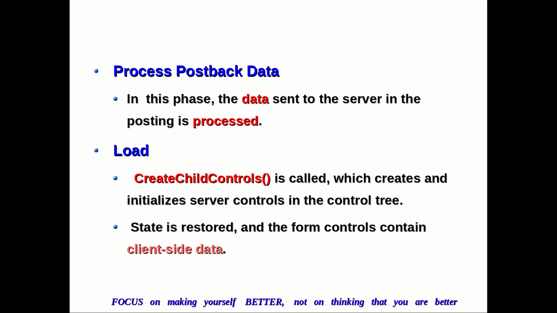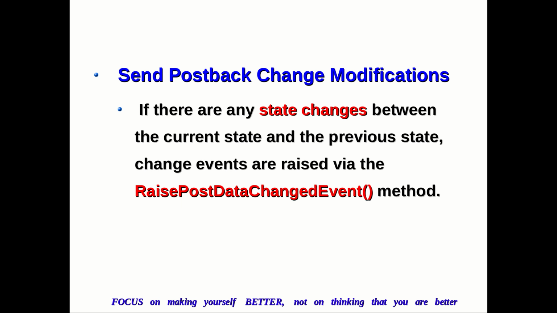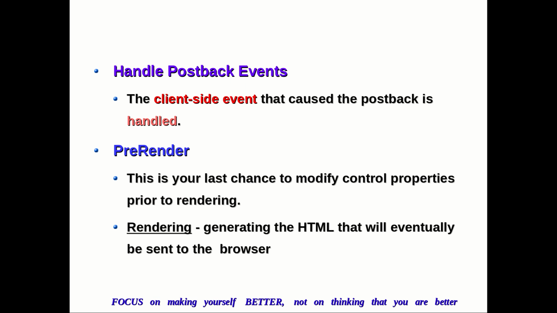Then it will be creating all the child controls to store the previous state information. Then if there are any modifications from the previous state to the current state, that will be done by the raise post data change event method. Then all the postback events will be handled and processed by the server.